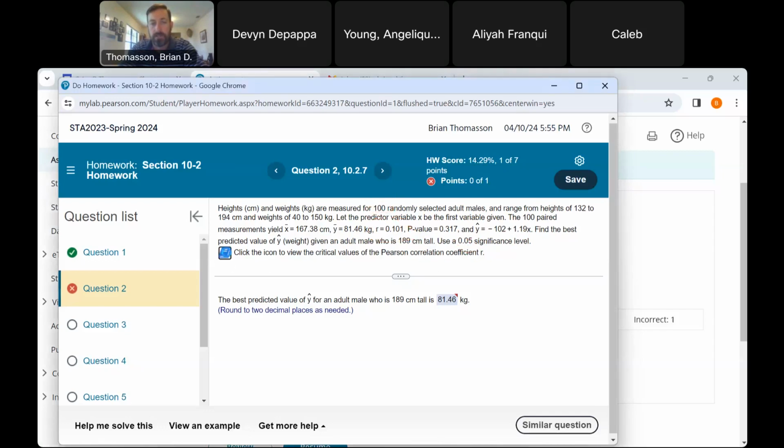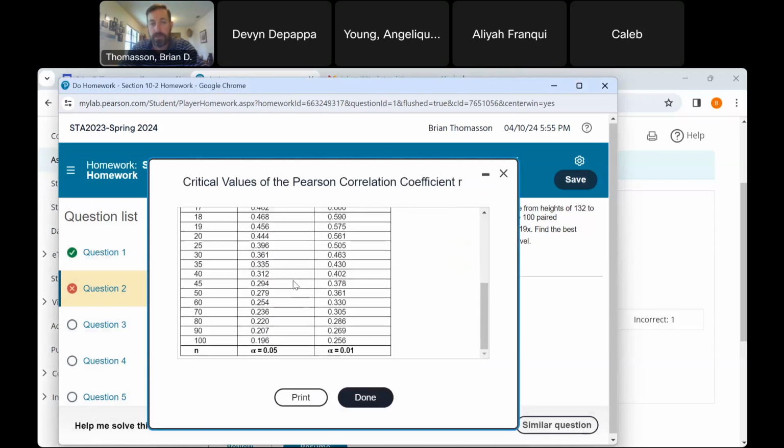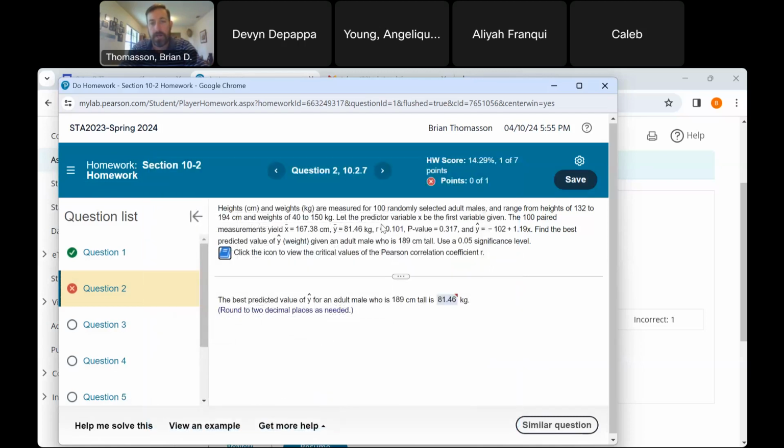So if we go to our table, 0.05 is our first column, we go down to 100, it has to be at least 0.196. So to be linearly correlated, it has to be at least 0.196. We're at 0.101. So we don't have enough to say there's linear correlation.